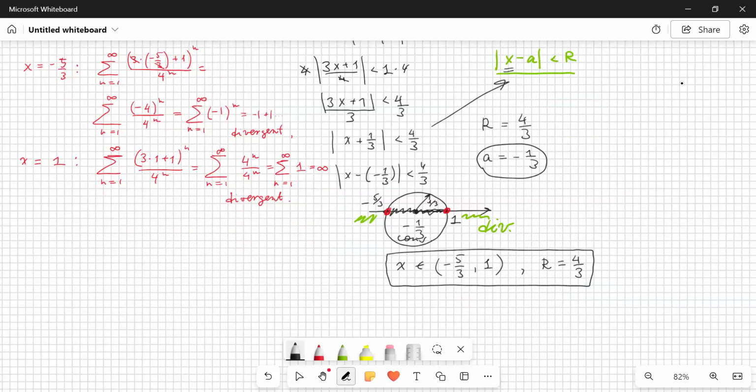Endpoints are not included because at the endpoints it's divergent. And that's how it's going to look on the quiz: investigate the series and find the interval of convergence and radius of convergence. Okay, that's all for our series. And we are going to have more power series, but they're going to be more specific power series.